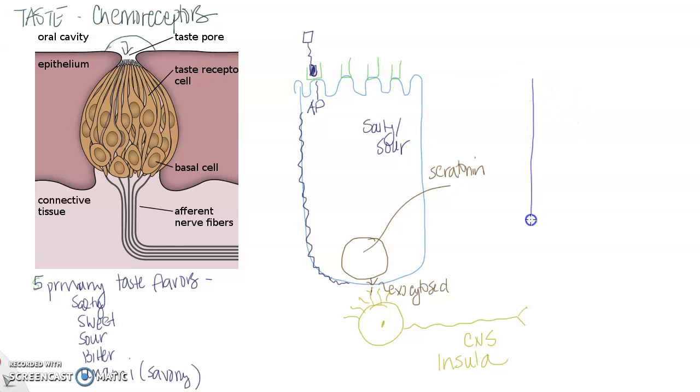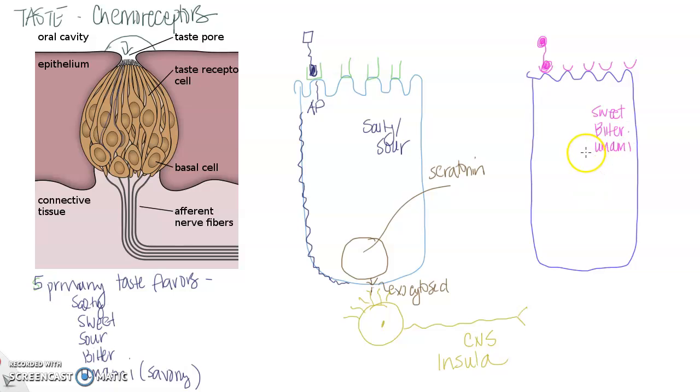The other three types of flavor, they do the same thing. They bind with the receptor, and now we're talking about sweet, bitter, and umami. And when this thing binds to this receptor, something different happens.